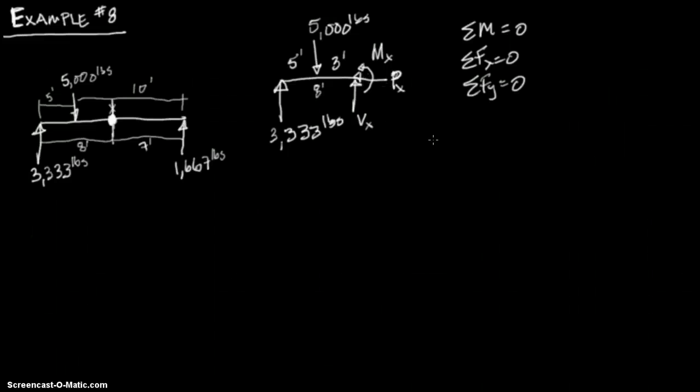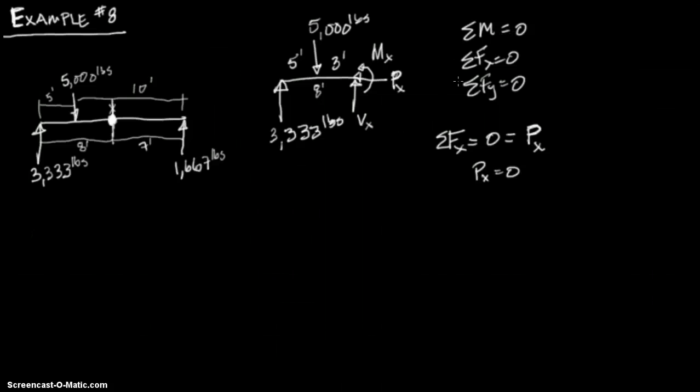Px, right now, you can already say that should be intuitive, but you should say the sum of the forces in the X direction equals 0. You don't have anything except Px, so Px equals 0. Alright, so that's good. You have no force in that direction. You're only going to have shear and moment at that point.